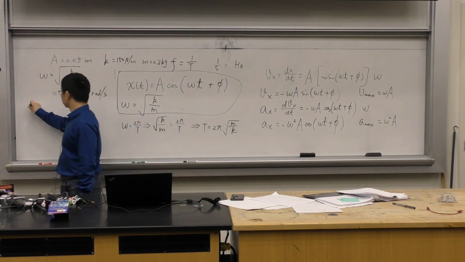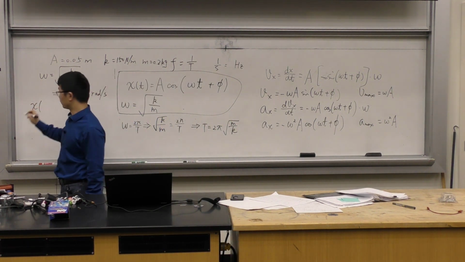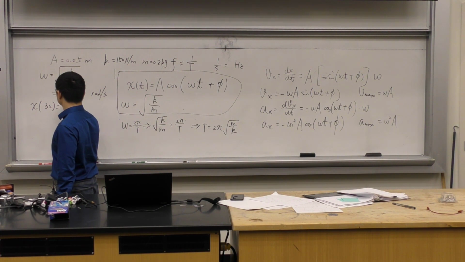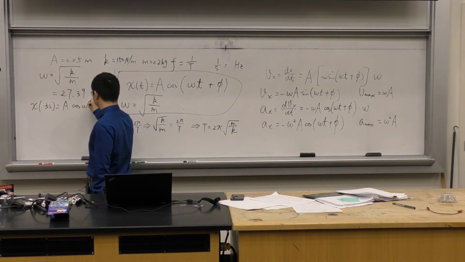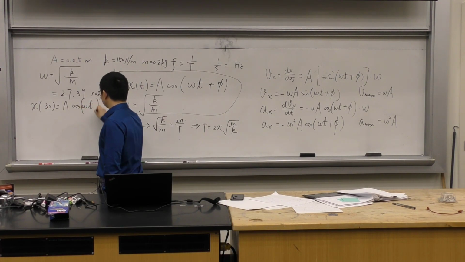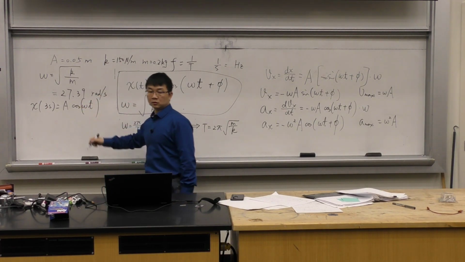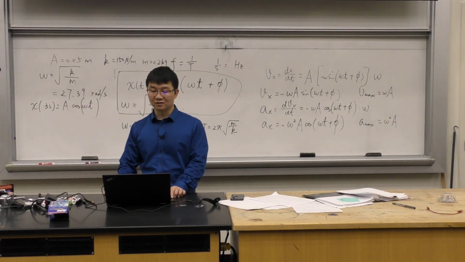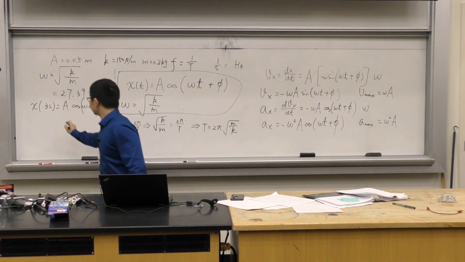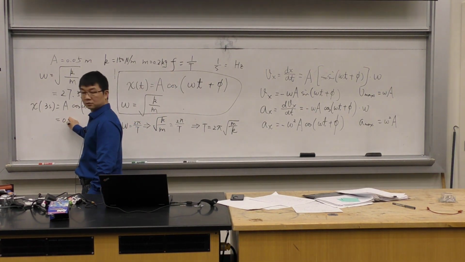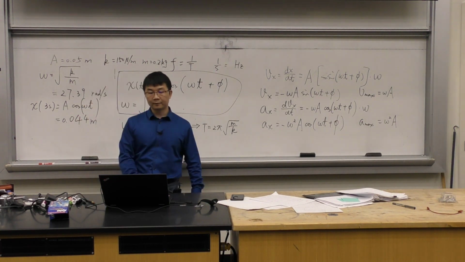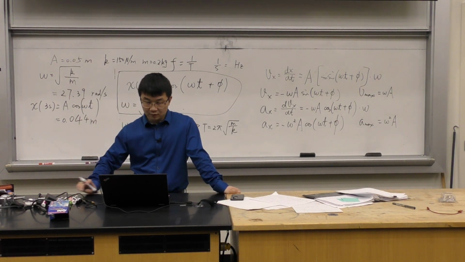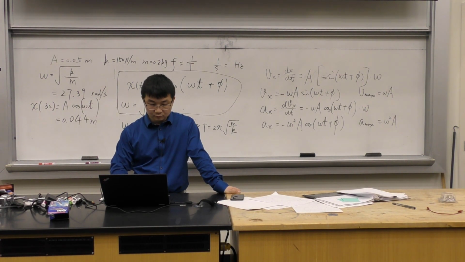So x at 3 seconds is going to be A times cosine omega t. You plug in time 3 seconds. Make sure you put your calculator in radian mode in this part, okay? So you will get 0.044 meters. Okay? So this is the displacement.